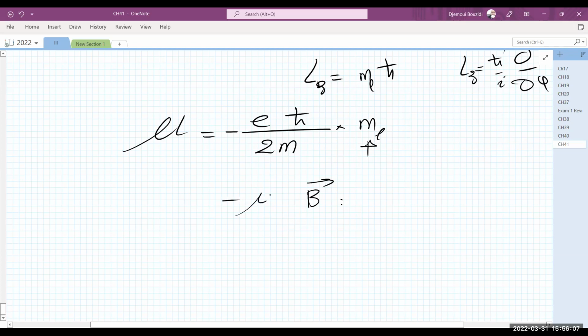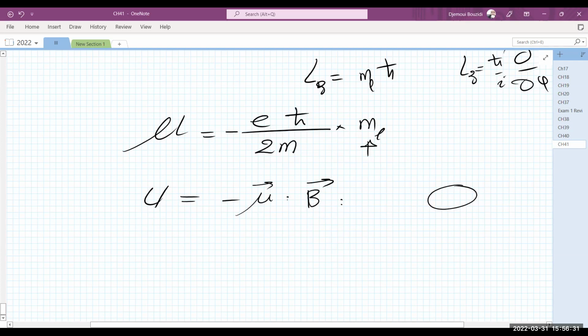So it's going to be minus mu dotted with B, and this is how much the energy is. If you take a dipole magnet, for example, and you put it inside another magnet, it's going to turn. The torque with which it turns corresponds to an energy, and that energy of interaction is just minus the product of mu times B.